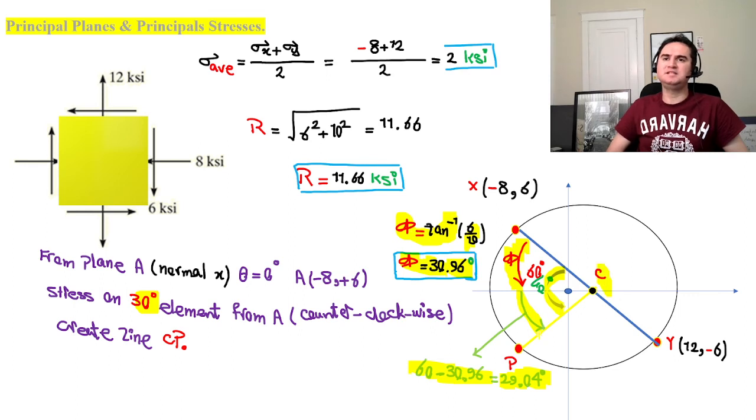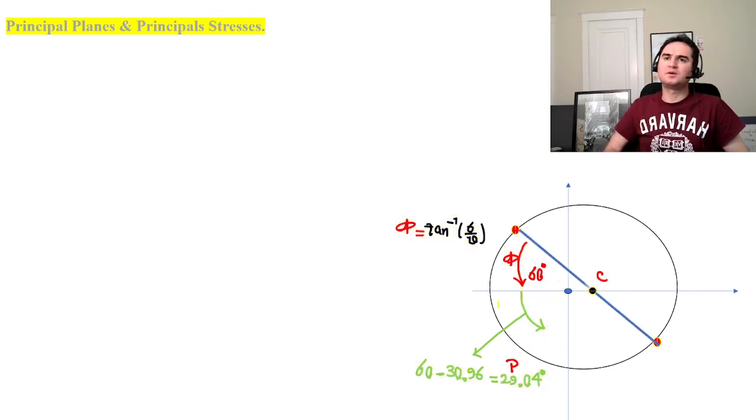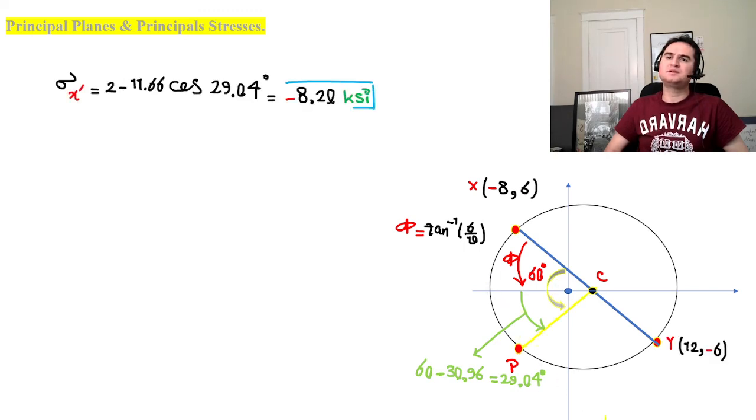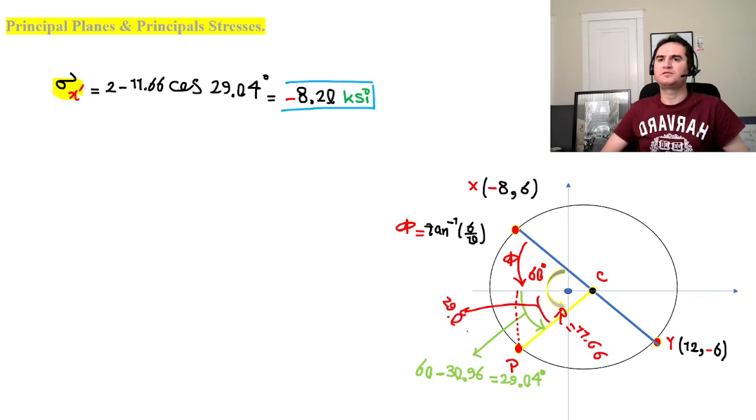On the plane of CP, if you look at this Mohr circle, sigma x prime is simply the translation of R. This is R, and that's equal to 11.66, and this angle is 29.04.